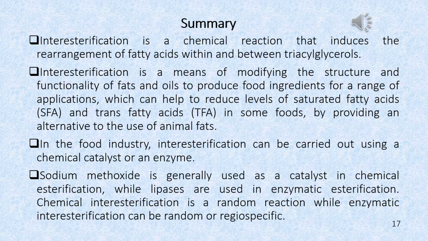So that's how modification is important, because it reduces the level of saturated fatty acids and the trans fatty acids in some foods. We can choose an alternative to animal fats. So the alternative way is to modify the structure and functionalities of oils and fats instead of using animal fats.